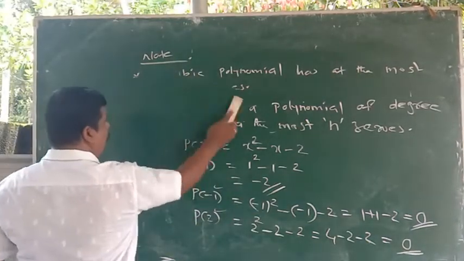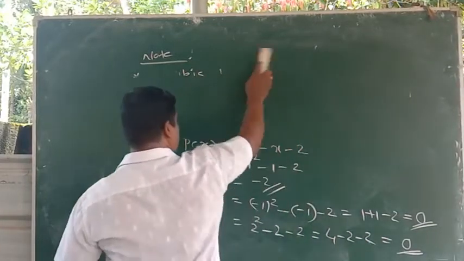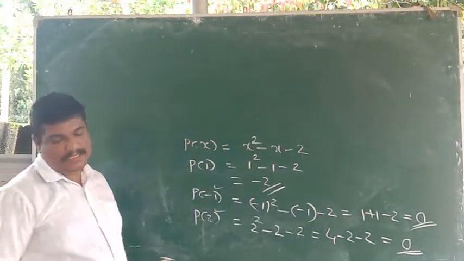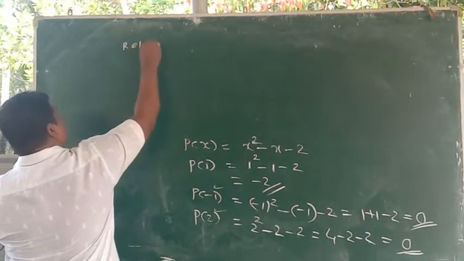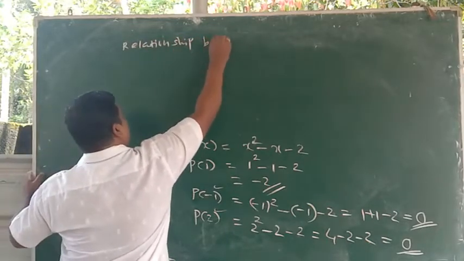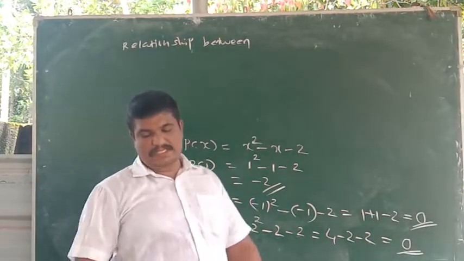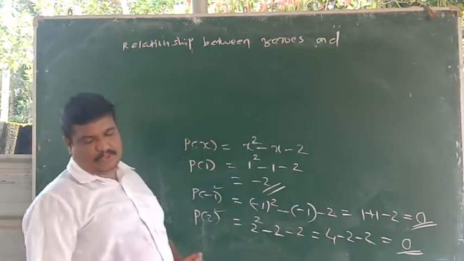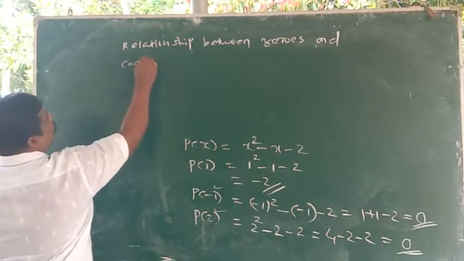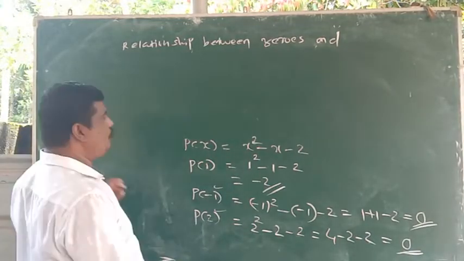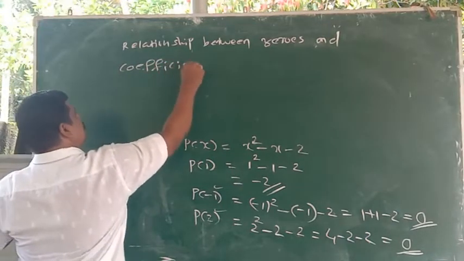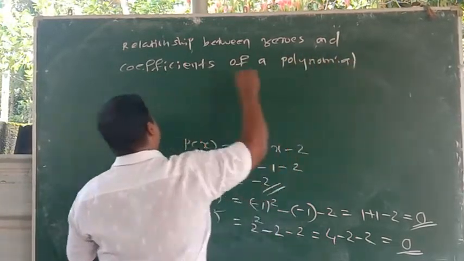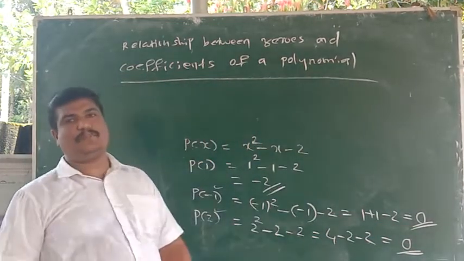So, next very important topic. Next, relationship between zeros and coefficients of a polynomial.